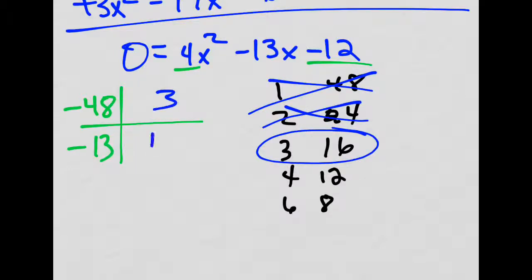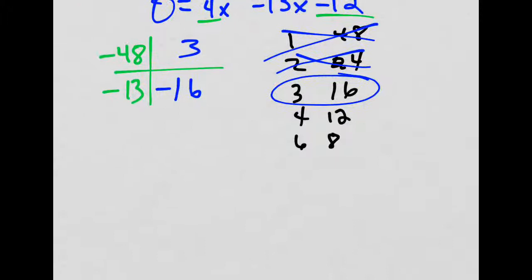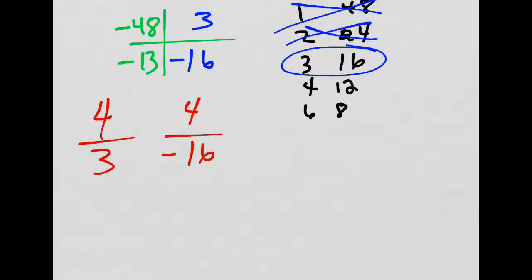So 3 and 16, which one needs to be negative? The 16. What is A? 4. So that goes on top of both fractions. 3 goes under one, 16 goes under the other. So simplify. I can't simplify 4 over 3, but I can simplify 4 and negative 16. So it's 4 goes in there once, 4 goes in there 4 times.